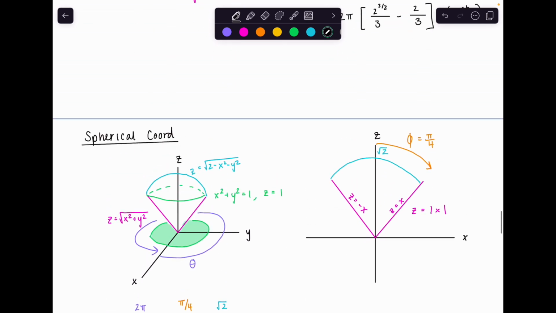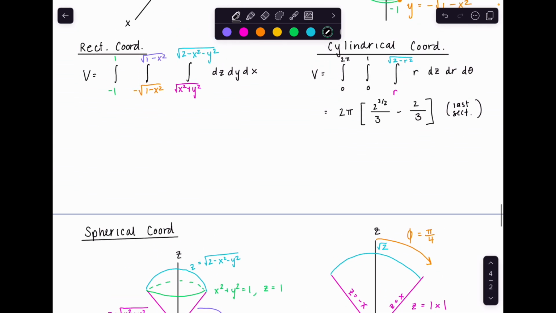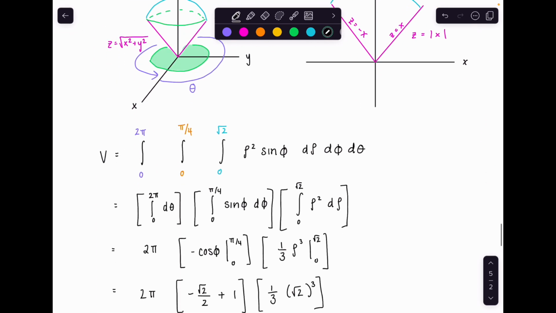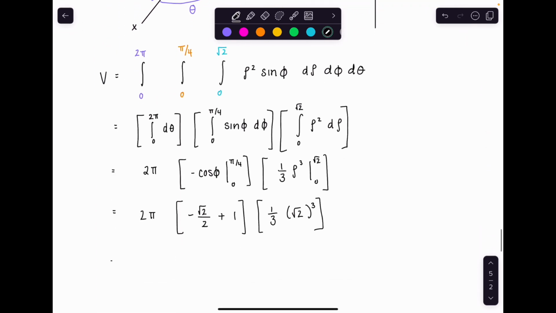But I do want to show you it is exactly what we got before, so I'm just going to do a little bit of algebra manipulation to get to the same answer. So just rewriting the order of this, that's 1 minus root 2 over 2, which is 2 to the half over 2. And then this one, this is 2 to the half to the third, so that becomes 1/3 times 2 to the 3/2.